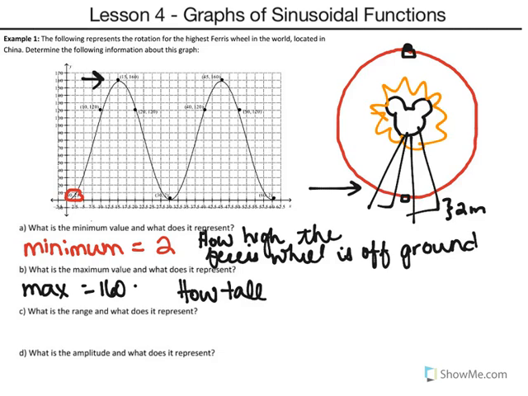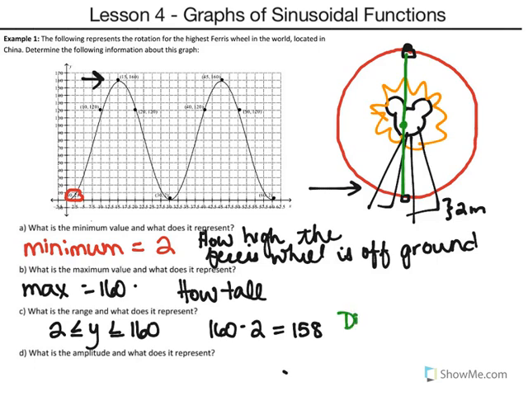The range is 2 less than or equal to y less than or equal to 160. And if we wanted to figure out what the range is between those points, we would go 160 minus 2, which is 158. And if you look at our picture, between 2 and 158 is our range. That's the diameter of the Ferris wheel.